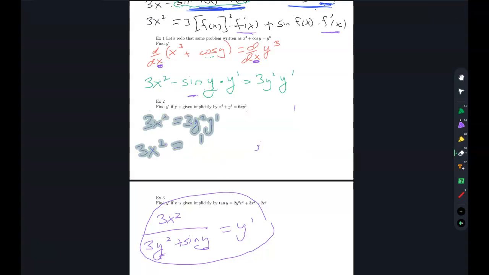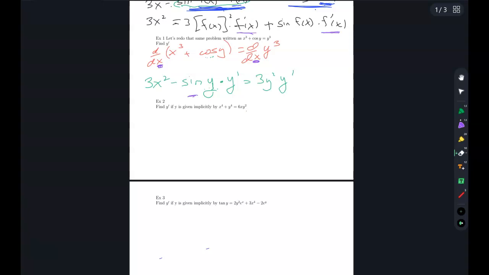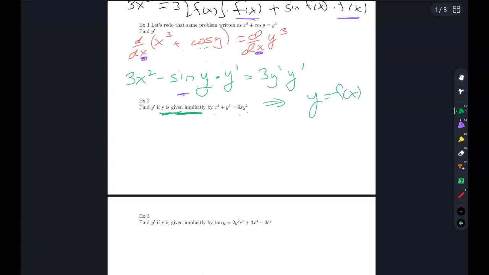I want you to be able to do it without putting f of x's in. So let's do this next one. The instructions will tell you, whenever you see a y, that's when you know there is a function inside. So y given implicitly means you have to know that y is a function of x. If I take the derivative with respect to x on both sides, I get 4x cubed.